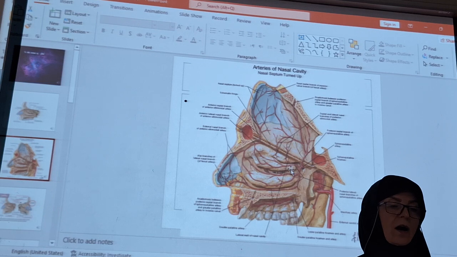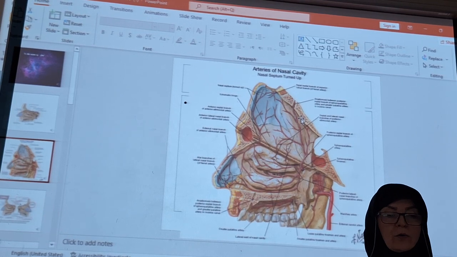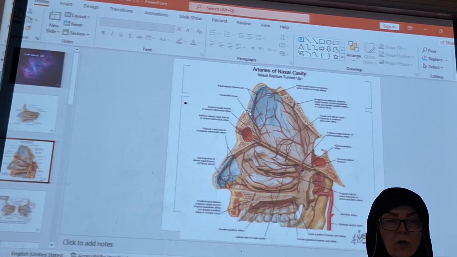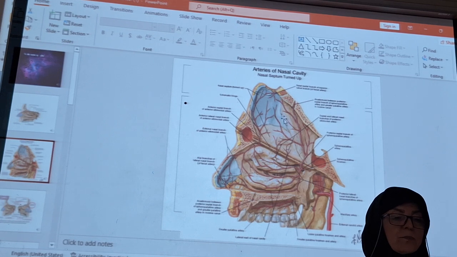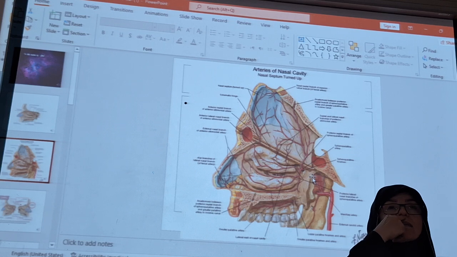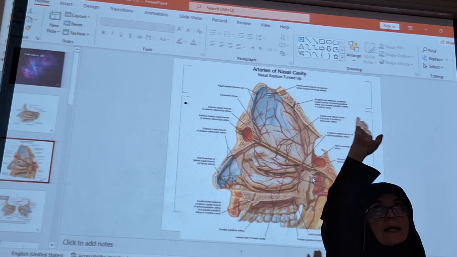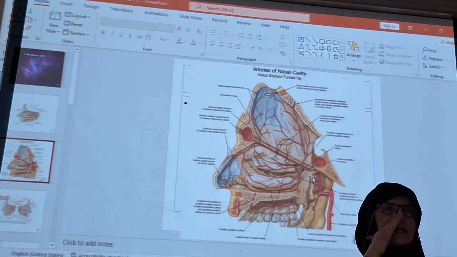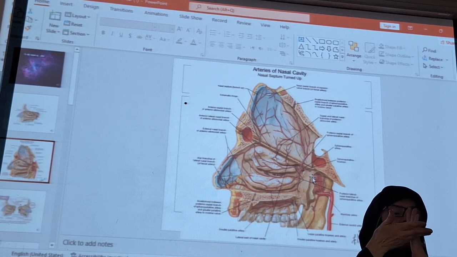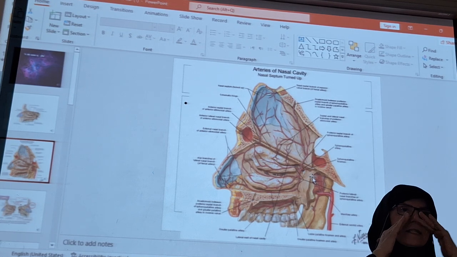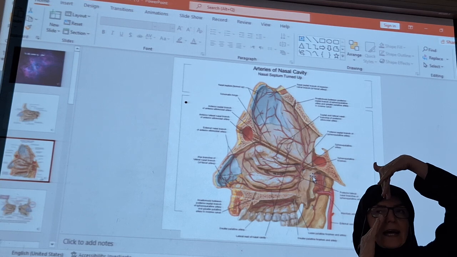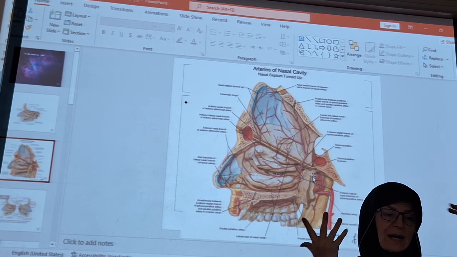So you are able to look at the medial surface and lateral surface both in this picture. We cut the medial septum and rotate superiorly. The lateral surface is here, medial surface is here. We cut the inferior portion of the medial surface and rotate superiorly. Can you imagine?